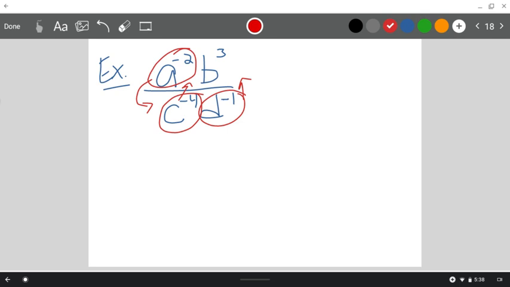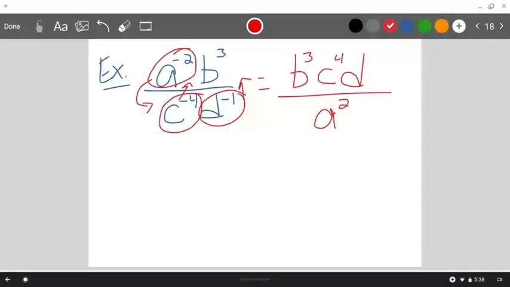The b does not have a negative exponent, so it will stay put. So the b is on the top. It will stay there. Joining it will be the c and the d. On the bottom, the a flips down. And remember, once a letter or number flips, the exponent turns back positive.